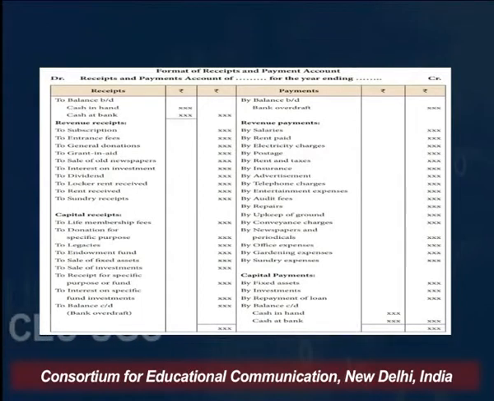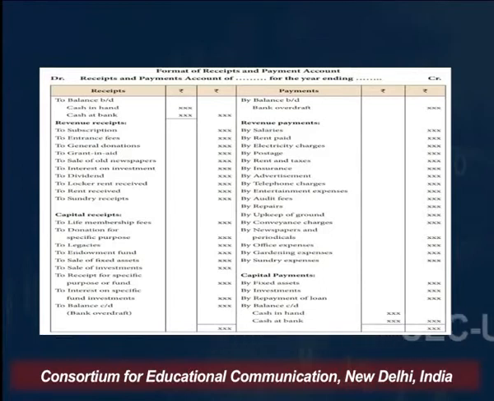Then the next item possible, it's not the actual item, it may or may not be there for all organizations which are into not-for-profit activities, is donations, and donations which are of general nature are recorded here. And then we record any grant in aid which is received on a regular basis, any grant received from a government body or from any other institution is recorded here.